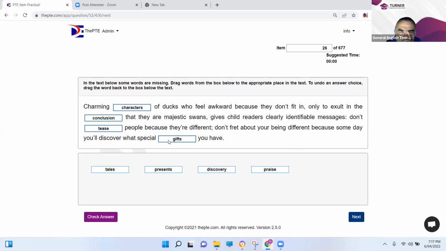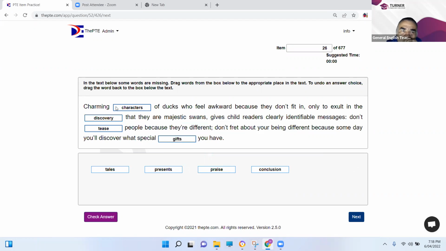Charming characters, ducks feel awkward. And only to exalt in the... Number two, anyone else? Praise? Tails. Discovery. Yes, to exalt in the discovery that they are majestic swans.